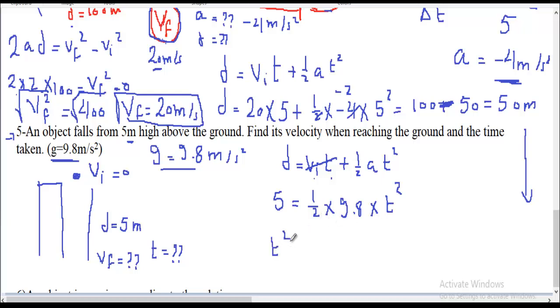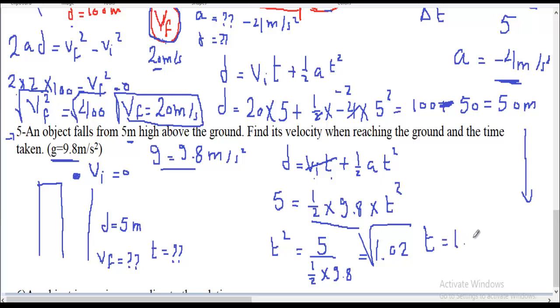So t squared equals 5 over half of 9.8. All these values you can move by division to the other side. You can calculate it: t squared is 1.02. By taking the square root, the time here is 1.01 seconds, approximately the same number.